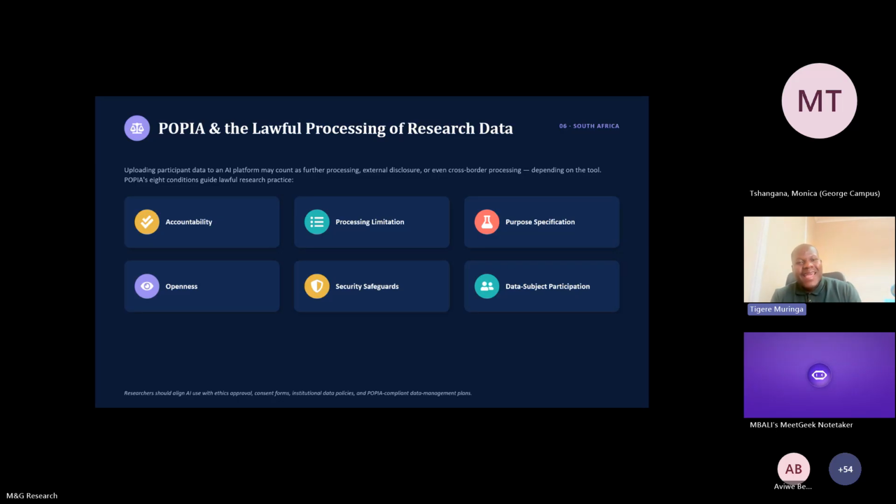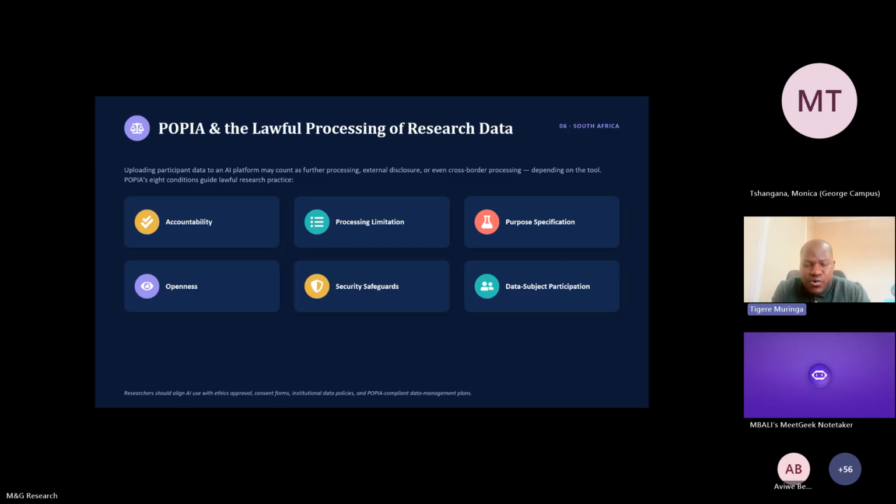You cannot say in your ethical clearance, I'm going to use manual Braun and Clarke thematic analysis where I'm doing my color coding, and later along the way bring in ChatGPT or Claude AI to process that information. That would be a breach of your ethical clearance conditions.